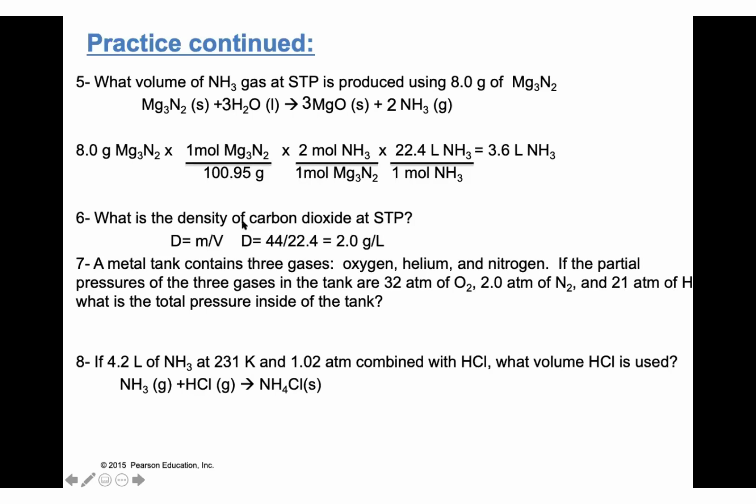Here I have carbon dioxide, so you look at the gas and find the mass of 1 mole of the gas. You can find the atomic mass of each element in the periodic table and then add them up. When you add them up, you get the mass of 1 mole of that gas.